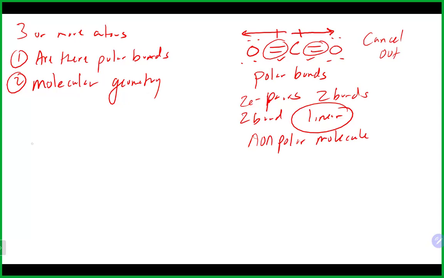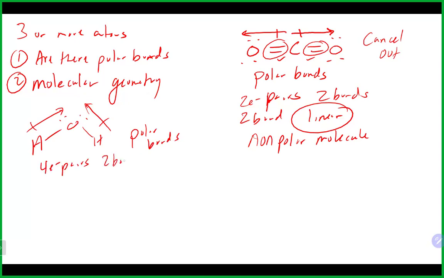Now, if you take something like water, water also has polar bonds heading towards the oxygen in this case. And its geometry is 4 electron pairs around the oxygen and 2 bonds.